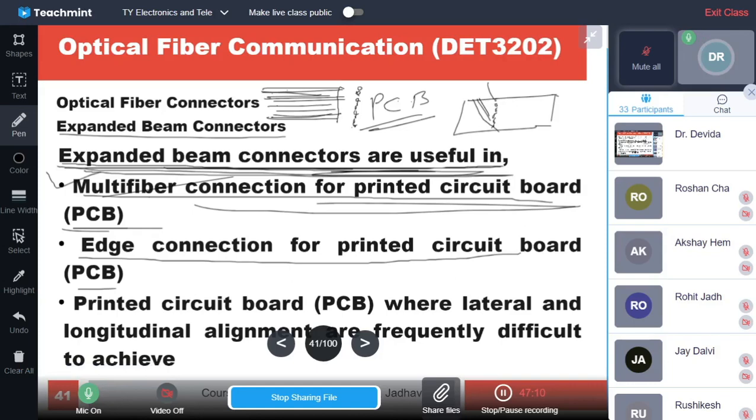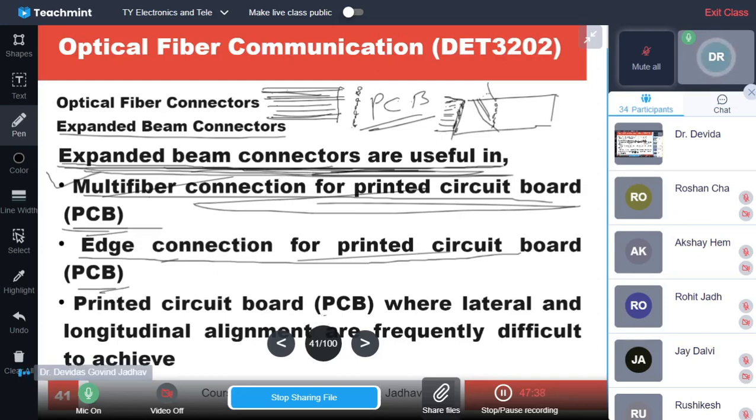Similarly, there is an edge connector at the edge of the board. There also we can have this fiber ribbon connection. So multi-fiber connection for the PCB is there where the expanded beam connectors are useful, and edge connection for the PCB is there where the expanded beam connectors are useful.